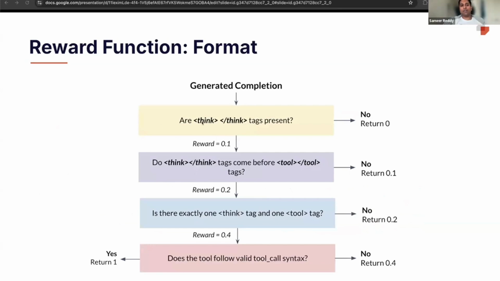Then we check if the tags are in the right order, so reasoning and then the tool output. Then we check there's only one set of each tag, because one of the constraints we defined in the prompt for this problem is to only use one tool at a time. And then finally, we want to check if the actual tool call, if there is one, is parsable as a dictionary and it contains a name field and an arguments field.